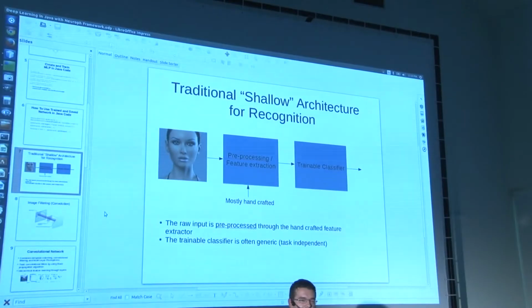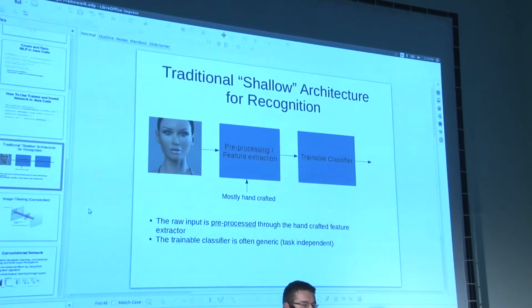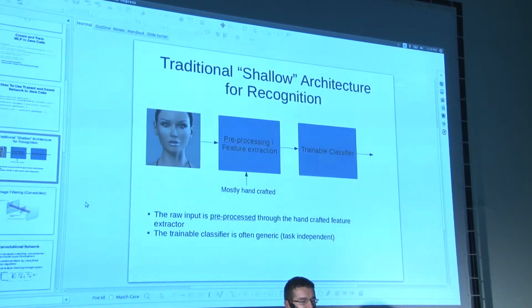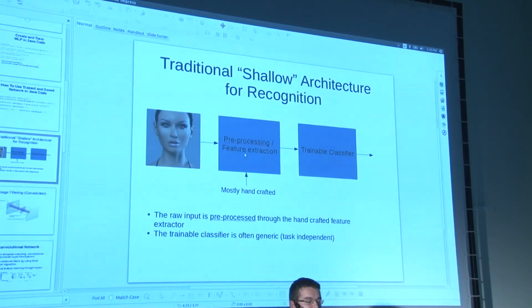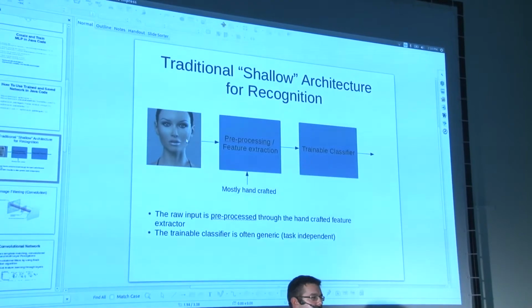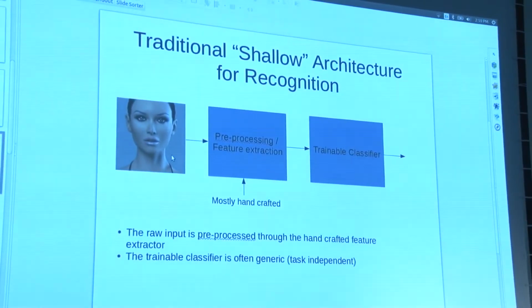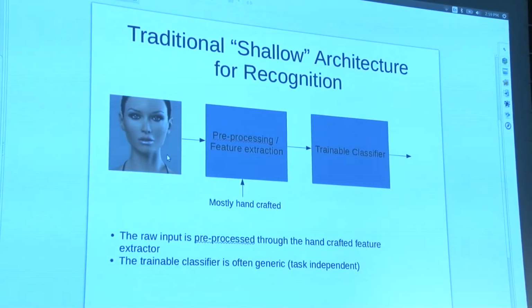You see, the traditional, so-called shallow architecture for recognition, let's take, for example, image recognition, always includes a pre-processing and feature extraction step. For example, if you want to do recognition of faces, you have to prepare images of eyes, images of mouth, of nose, of some typical features that you want to detect.